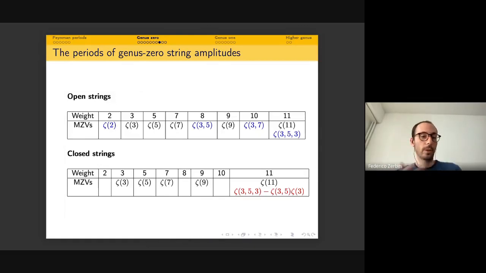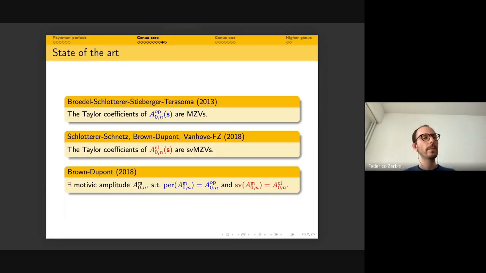So the conjecture, obviously, at that point was that the coefficients of closed string amplitudes are single-valued multiple zeta values. And here's the state of the art right now for genus 0. It was proven already in 2013 by Terasoma and a physics collaborator of his that the Taylor coefficients of the open string amplitudes for any number of strings n are multiple zeta values.